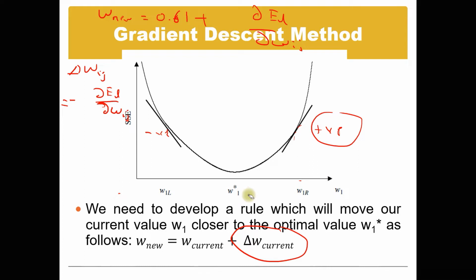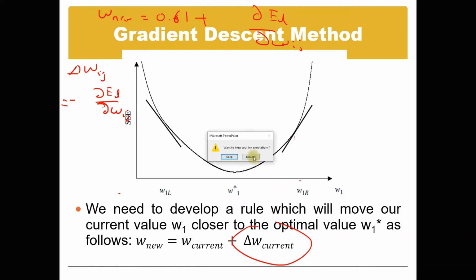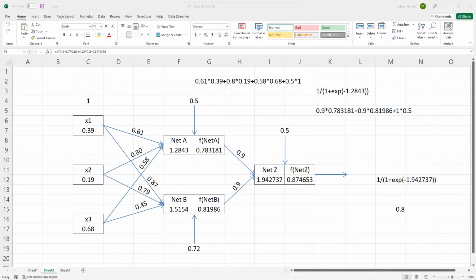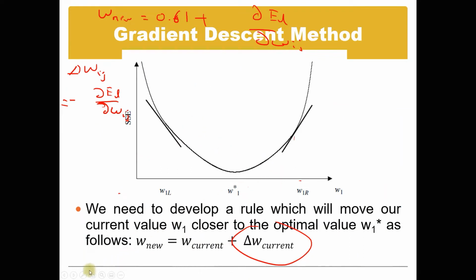But now, try to understand something. If we define the change in the current weight as minus del E by del Wij, which makes sense, the problem with that is that you will move to the left, yes, but you will move very far from the optimal solution.